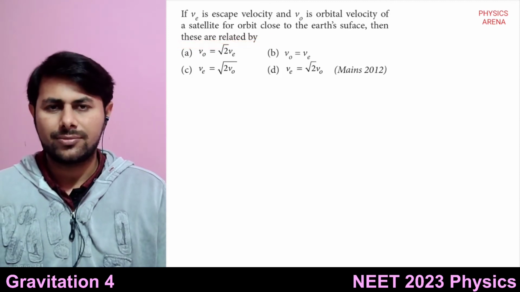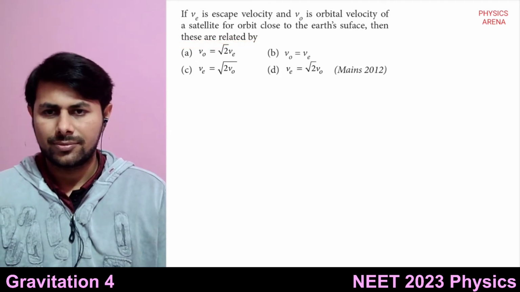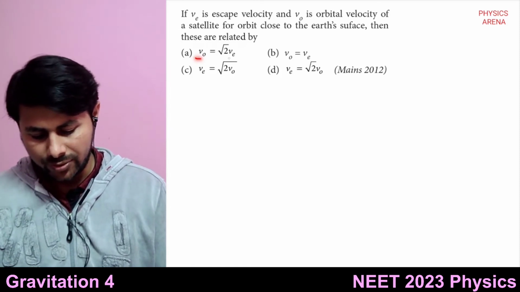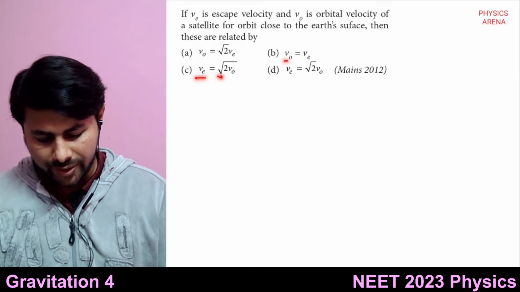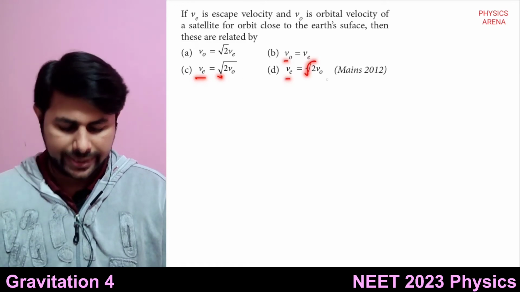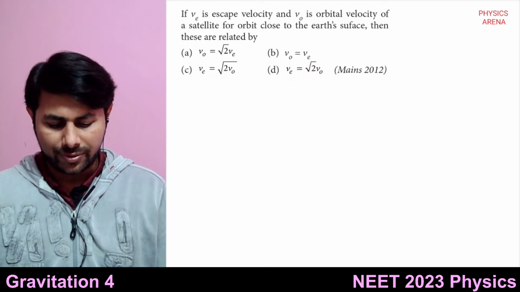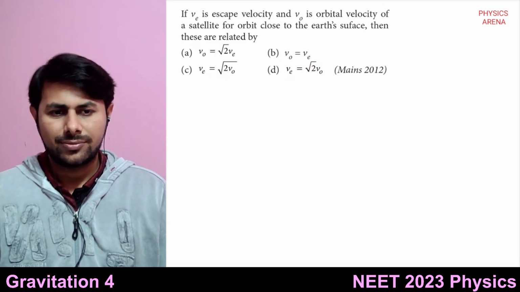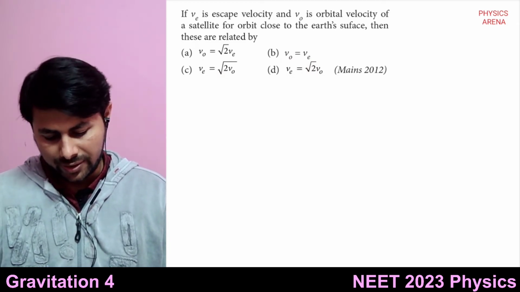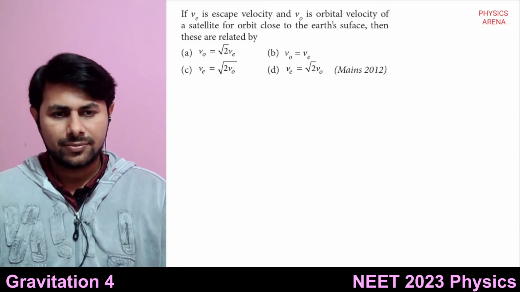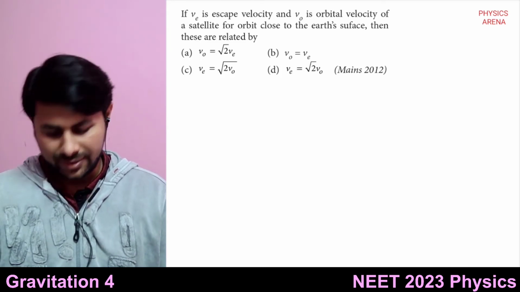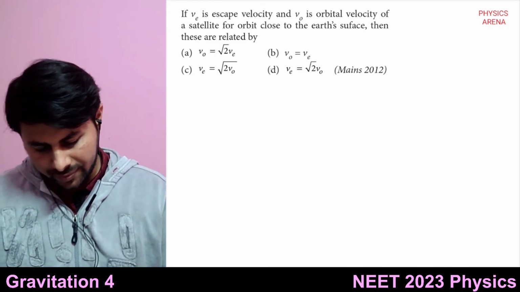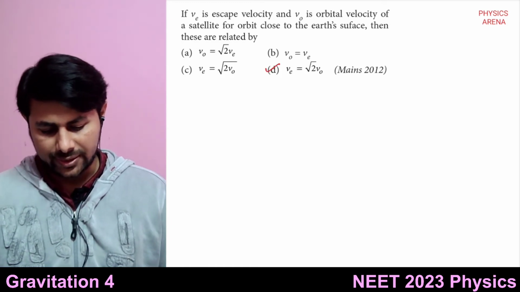So tell me, V0 equals root 2 VE, V0 equals VE, V equals root 2 V naught, or V equals root 2 times V0. Option C or D. Option D, right? Option D is the answer.